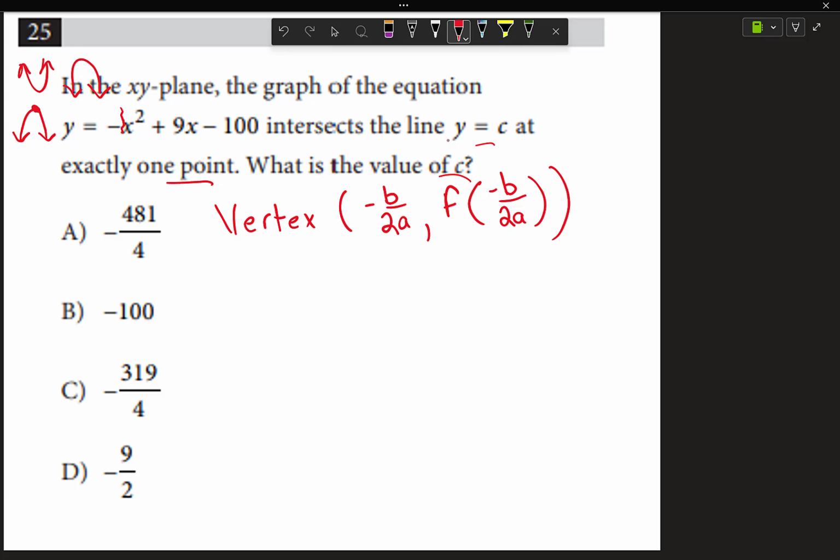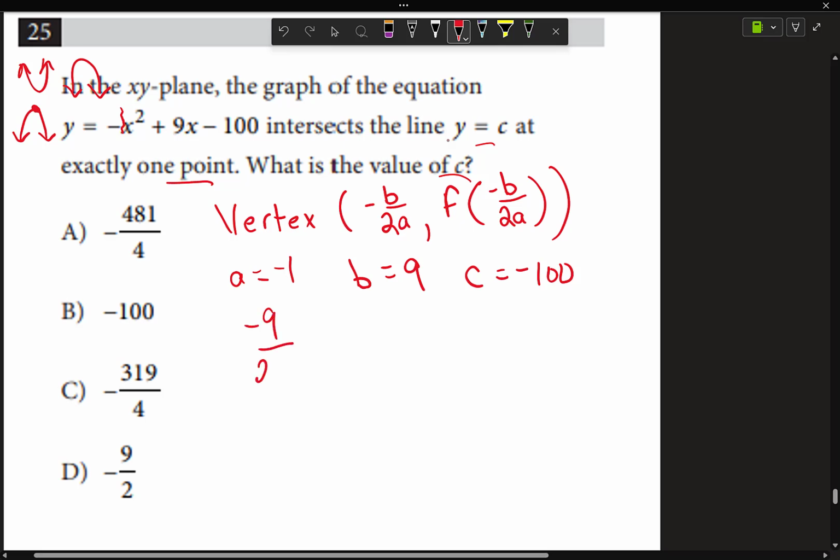So let's go ahead and do that for this problem. A is negative 1, B is 9, C is negative 100. So the x-coordinate of the vertex is going to be negative 9 over 2 times negative 1. And that's going to be positive 4.5.